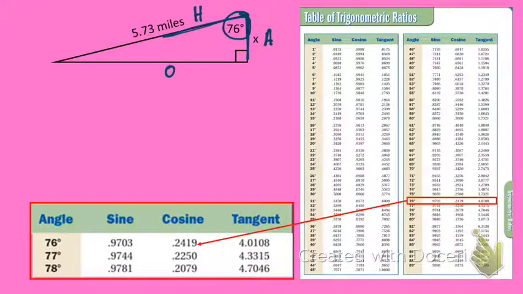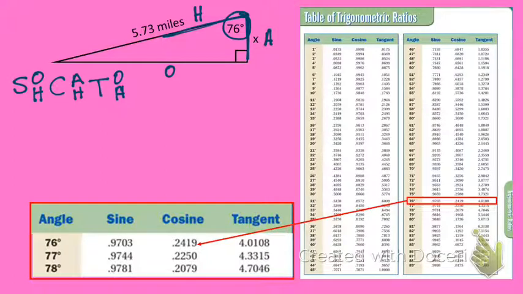So if we look at our SOHCAHTOA, we need a place to put our x. So our x is going to have to go in for the adjacent side, and we need a place for our h. Our 5.73 is going to have to go in for the hypotenuse.